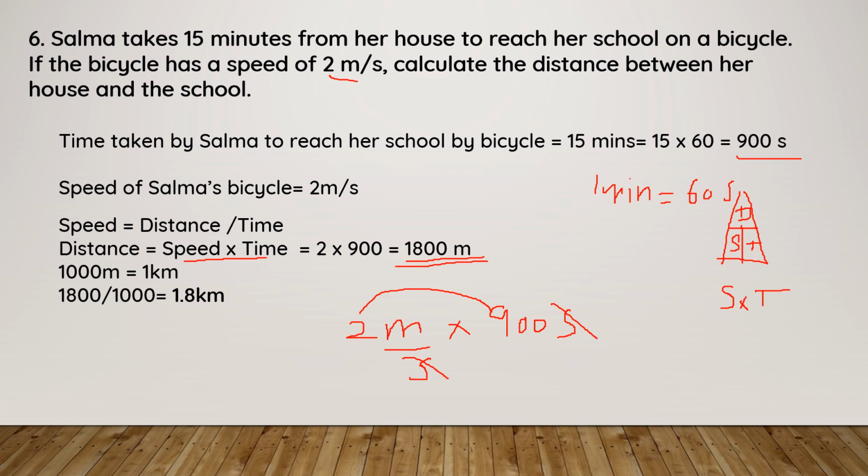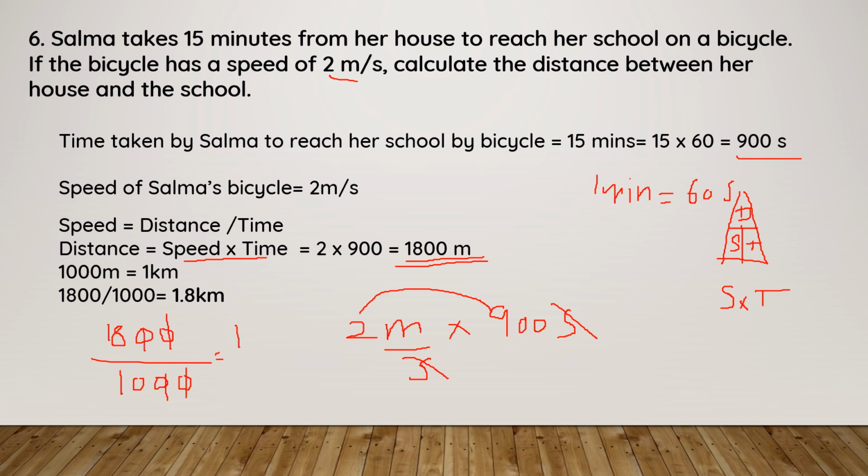But here in the question, we want to convert this, because 1000 meter equals 1 kilometer. So here 1800 meter. How will we convert this meter to kilometer? By dividing by 1000. So 1800 divided by 1000, we can cut these zeros.